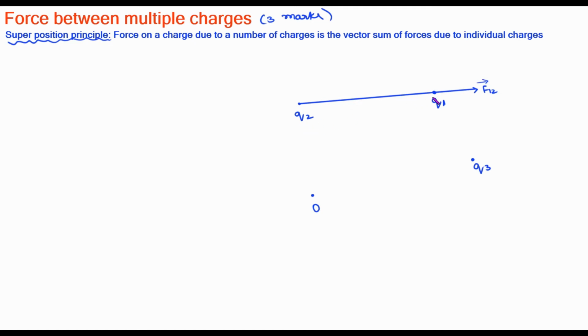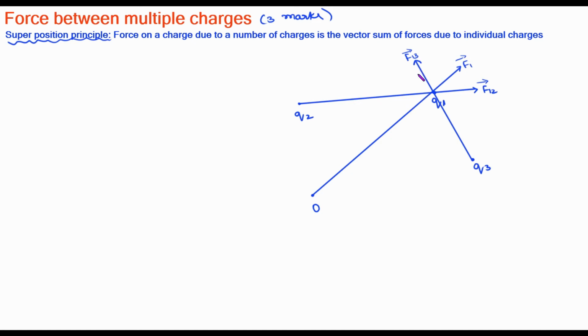Similarly, this q3 charge will also be exerting some force, and that force is F13. Due to q2 and q3, a resultant force will be acting, that is F1.